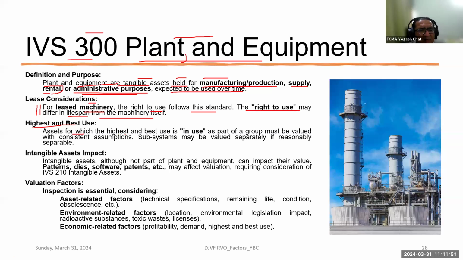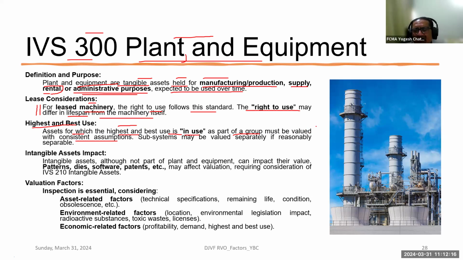So an asset for which highest and best use is in use as part of a group must be valued with a consistent assumption. So highest and best use: supposing a machinery is capable of generating 10,000 units of a particular good in one day, that is its highest and best use.